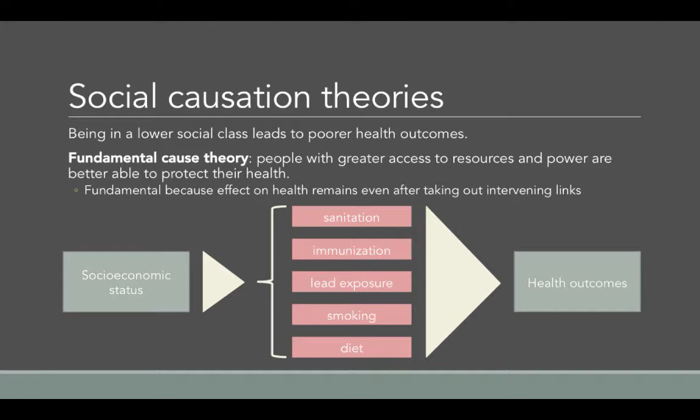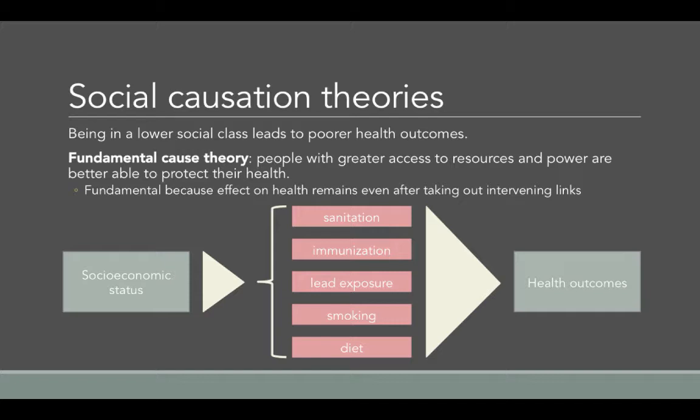So if we focus first on fundamental cause theory, this theory argues that people with greater access to resources and power are better able to protect their health, okay? And what's really key about the fundamental cause argument, and what Link and Phelan discuss specifically in their article, is that they focus in particular on socioeconomic status.